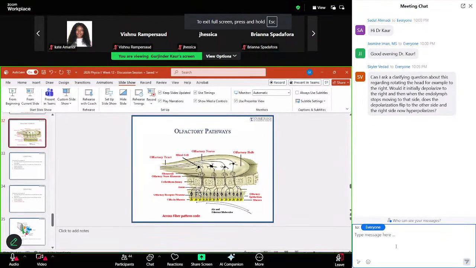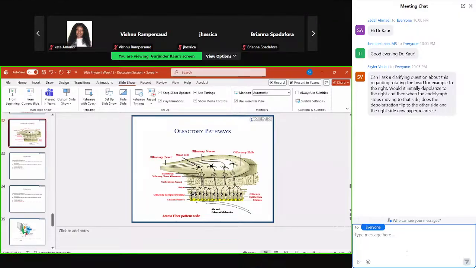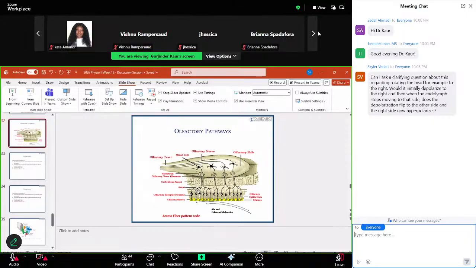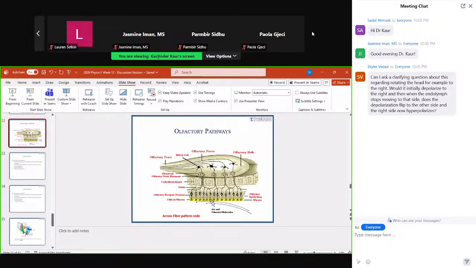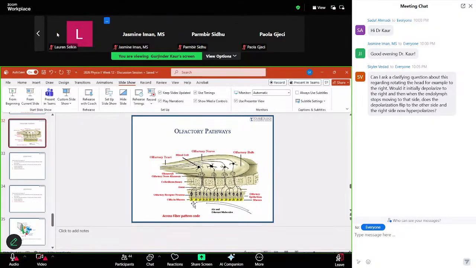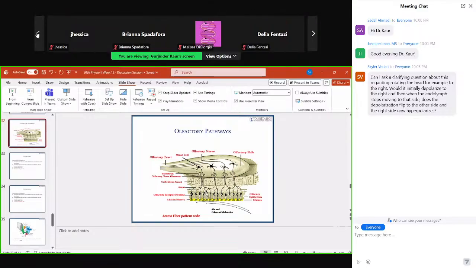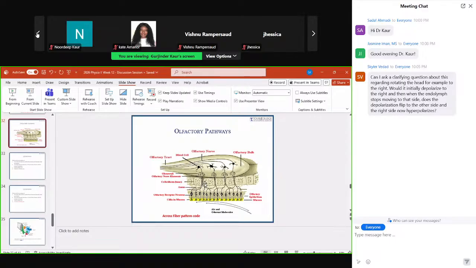Yeah. And now, how this receptor is transducing, that is the second question. First is how a cross fiber pattern is generated: the odorants bind to the receptors, and the whole smell is sensed.